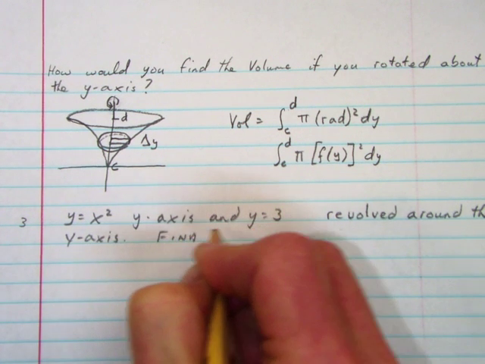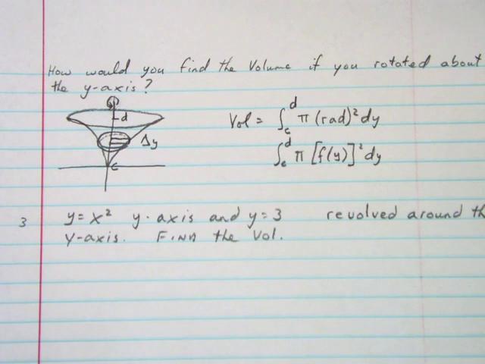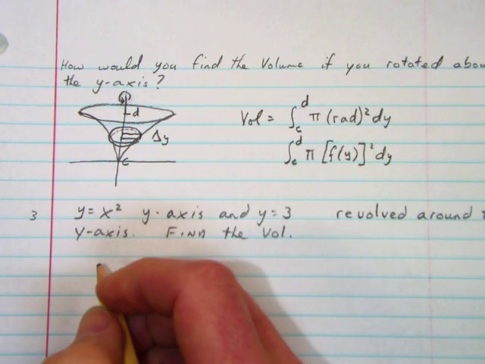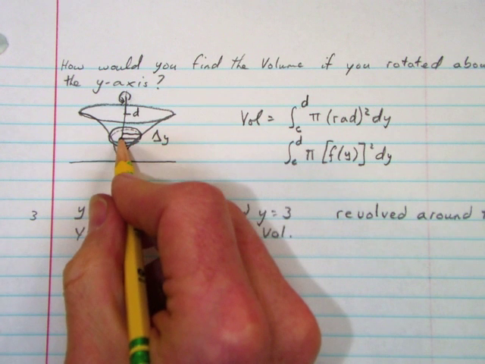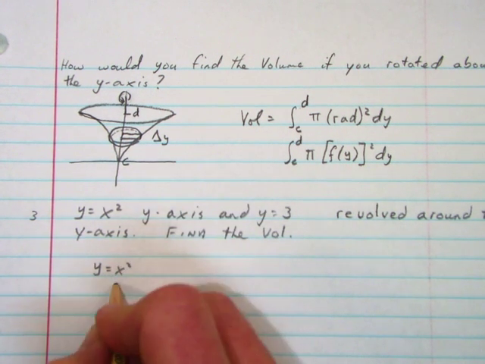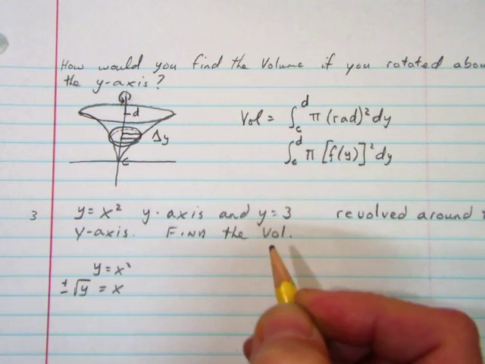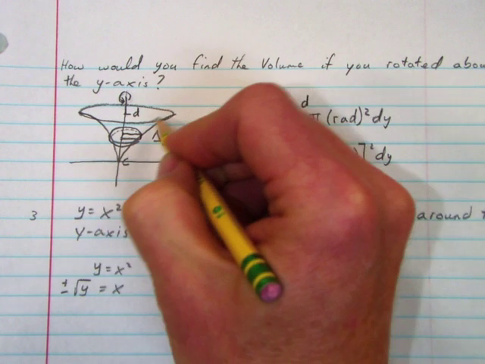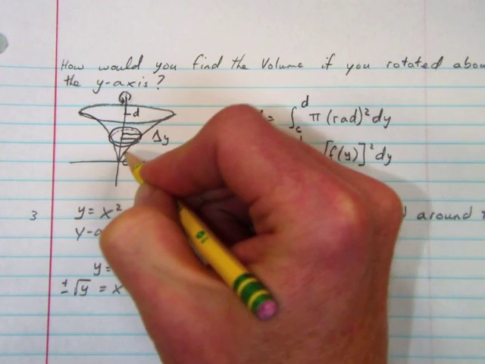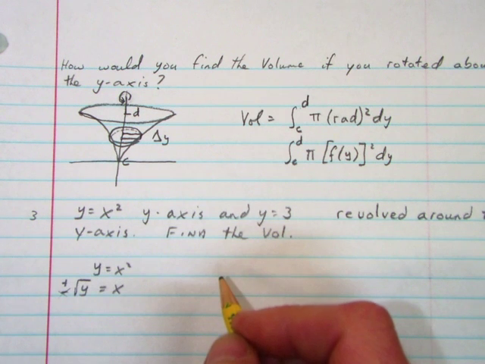Find the volume. So what do we need to do? We need to get this equation, y equals x squared, in terms of y. We need to solve for x. We get plus or minus the square root of y. What is this side? This side will be the positive one, so we don't want that negative.